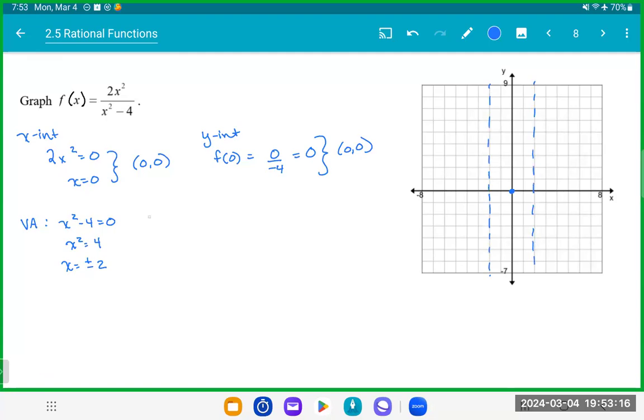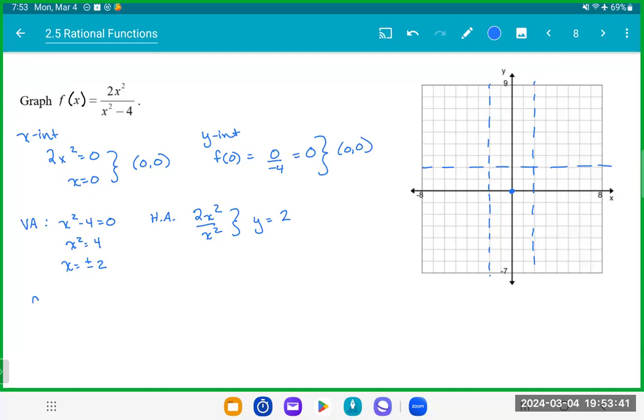Let's look at horizontal asymptotes. That is, we have this 2x squared over x squared. You can see that they are the same. So we have an asymptote at y equal to 2. So we put that onto our graph. Then we're going to look at symmetry.